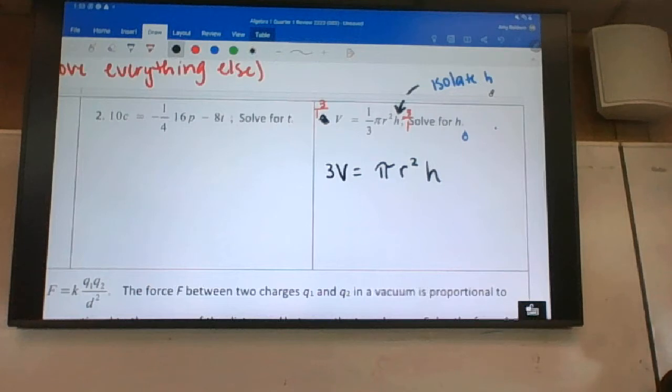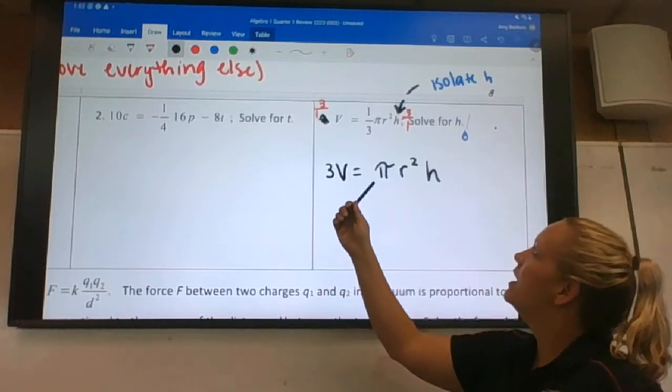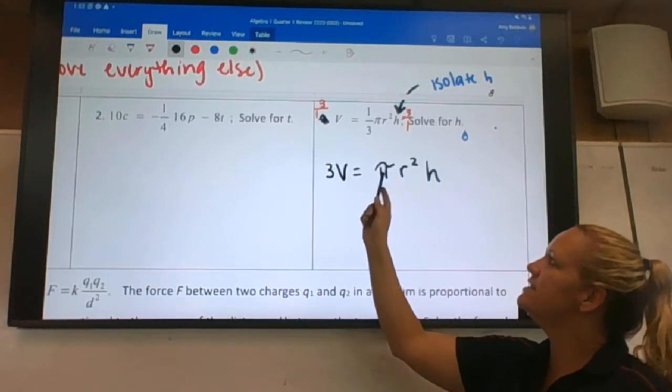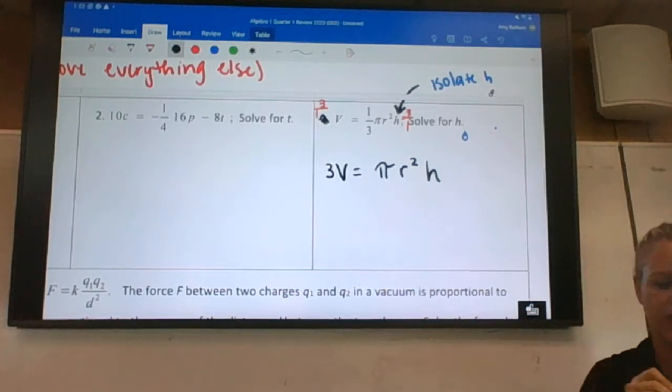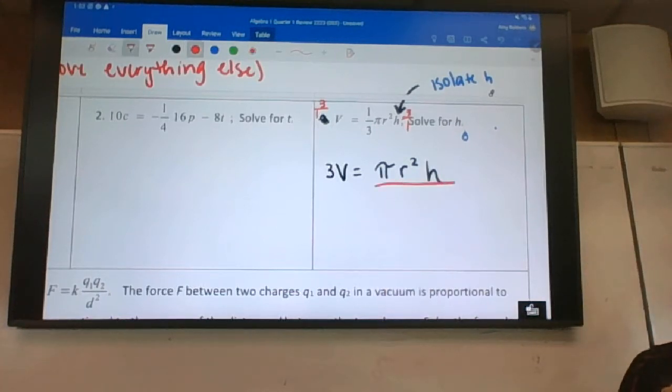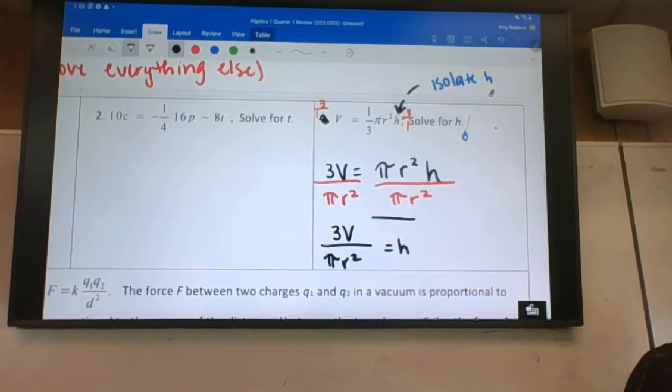And I'm still trying to get h alone. Now, this is all multiplication here, so I can divide the rest of this in one move. I'm going to divide by pi r squared all together. So dividing a whole group of things, if it's all multiplication together, is a nice move.